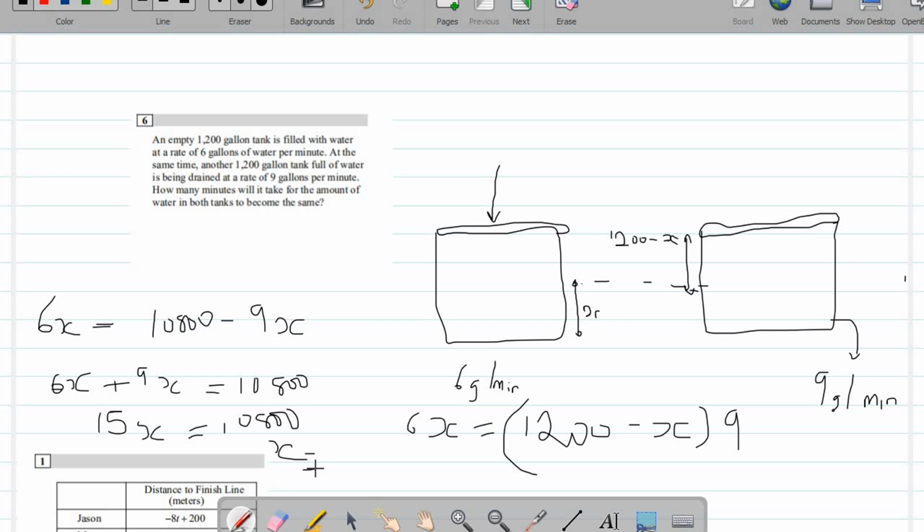So 6x plus 9x will give you 15x. 15x equal to 10800, and if you divide that, you're going to be having x equal to 720. So a distance when it's 720.